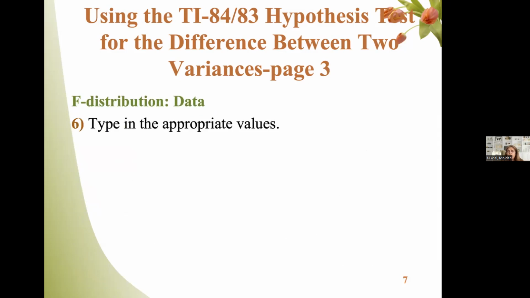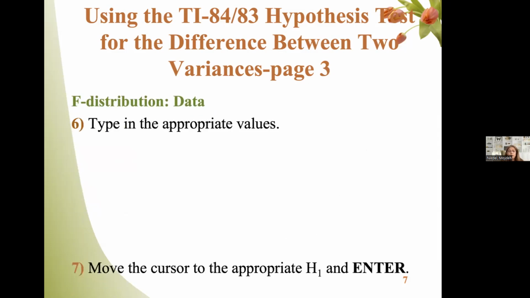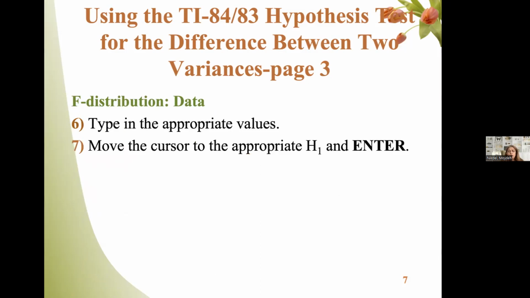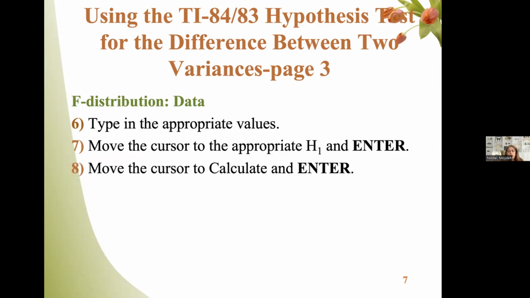Then type in the appropriate values that you have. Move the cursor, choose the appropriate sign for H1, your tail test, press enter. Highlight calculate, press enter. So these steps are the same as before, like 2-sample F test, 2-prop Z test, 2-sample Z test. The same thing here.